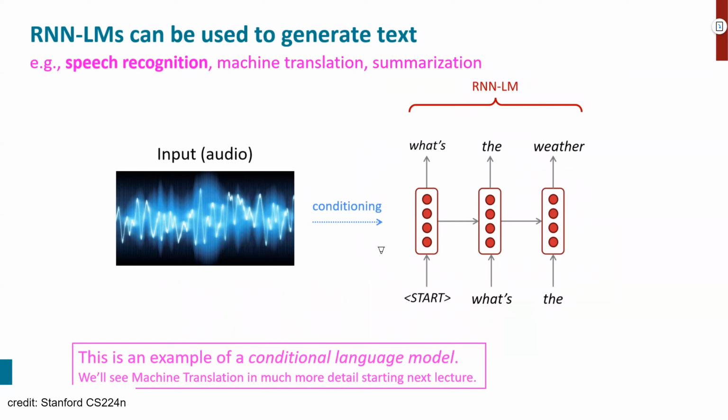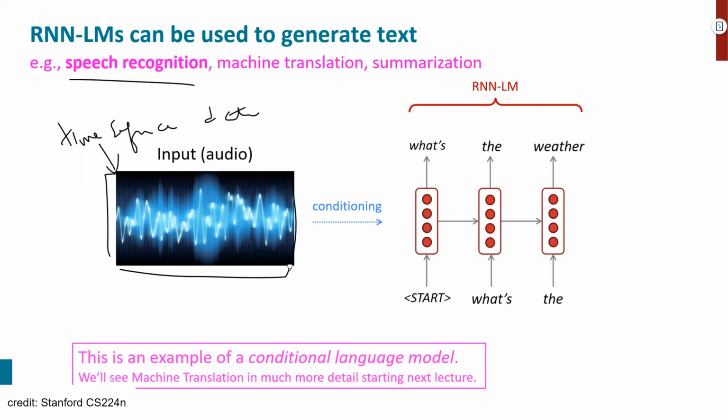And you can also use an RNN language model to generate text for speech recognition. And this input audio is basically time sequence data. And that is exactly where RNN can be used. And here, you can process this input data and make this one a hidden state.